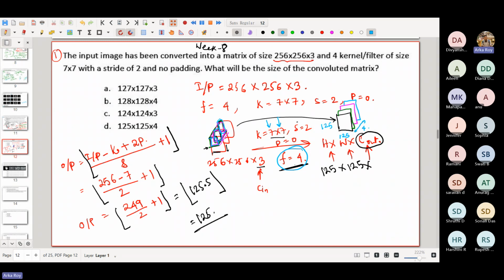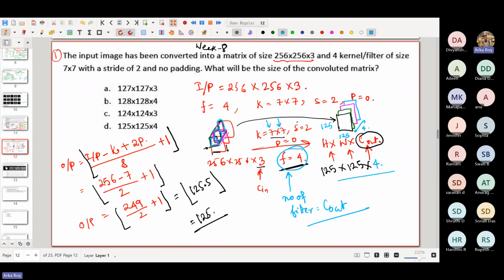That means, if I explain it easily, the number of filters is equal to C out. So if the filter number is 4, that means C out will be 4.